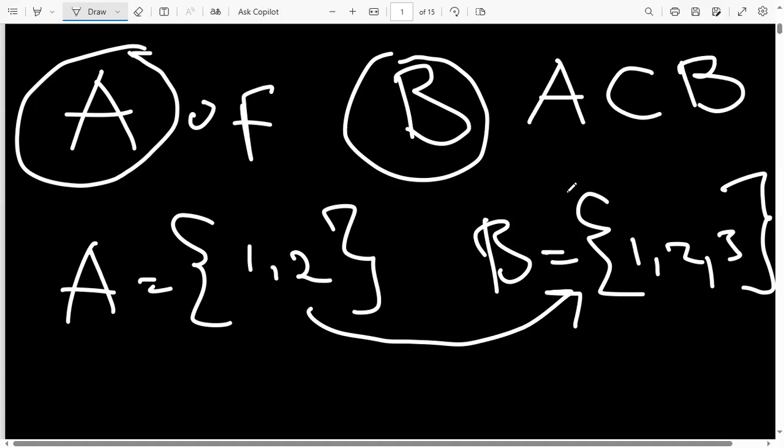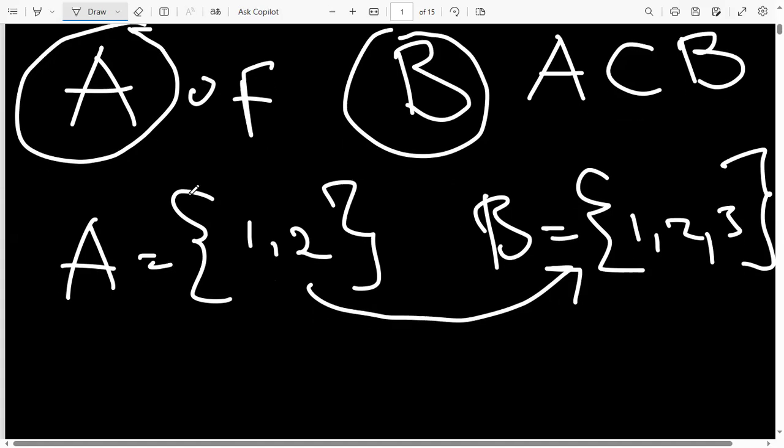Okay, so the improper subset is a subset such that every element of this A is also an element of this, like every element of this guy here is an element of that guy. The way it is here, we say this one here is just a subset, or an improper subset.